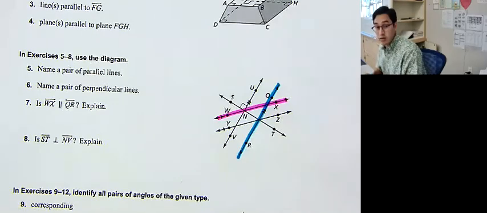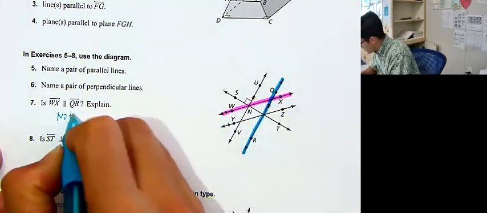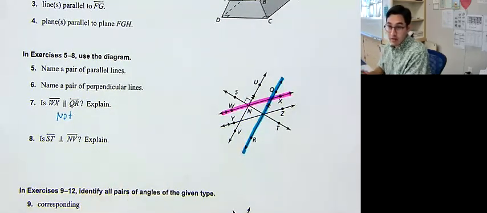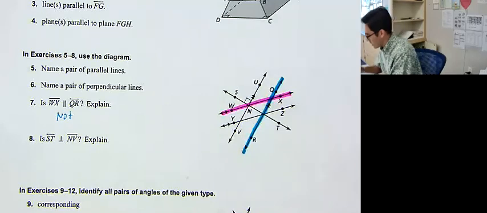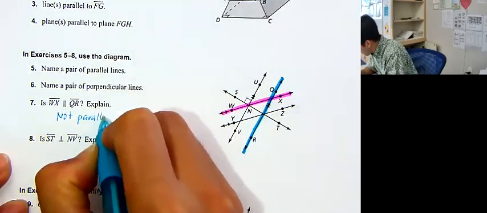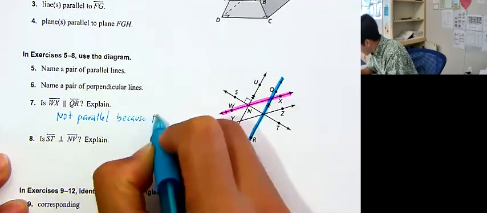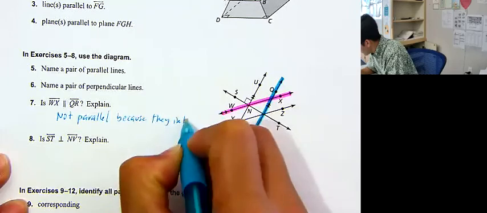Are those two lines parallel? Well, clearly they are not, and we can tell because they intersect. Parallel lines don't intersect each other. Those two lines do intersect. So not parallel, because they intersect.